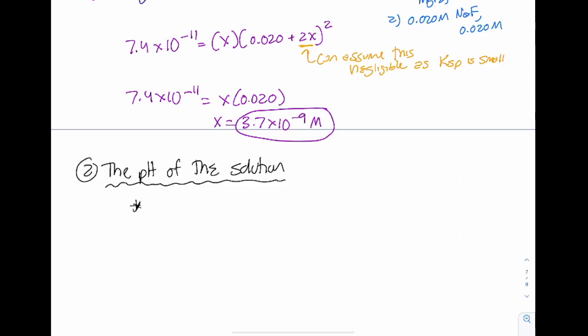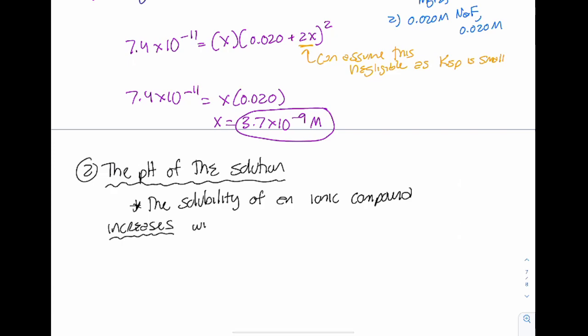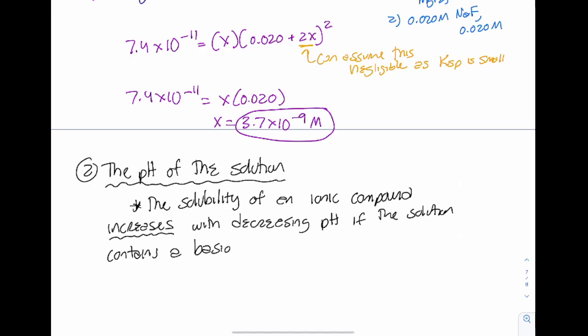So the solubility of an ionic compound increases this time, and we'll look at it here in a minute, with decreasing pH, if the solution contains a basic anion. So the solubility is going to increase this time.